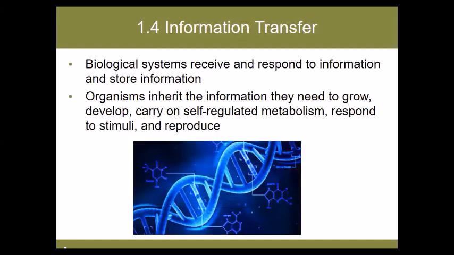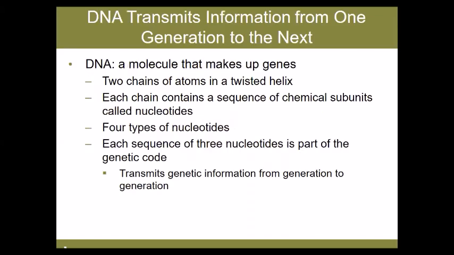All right, section 4 briefly talks about information transfer, transferring information from one organism to another. Of course, that's through the DNA molecule, and I put a little picture here for you. I'll mention just a few things about it. You've got several chapters that deal with genetics later in the semester, so this is just an introduction. DNA is basically a double helix.